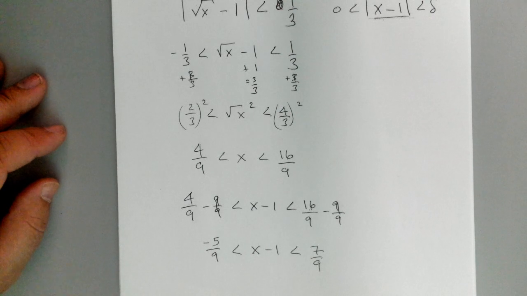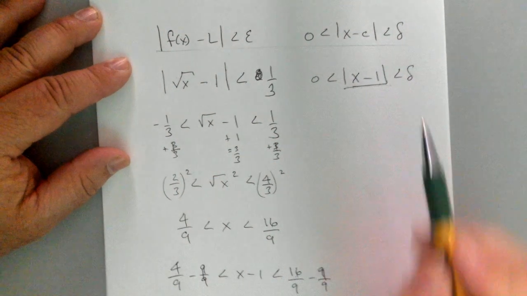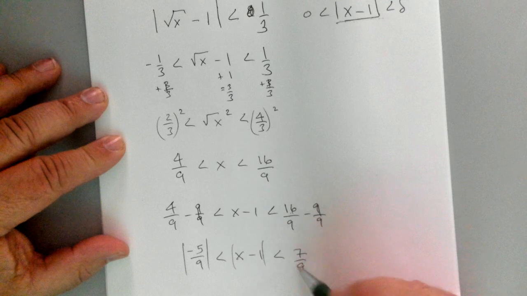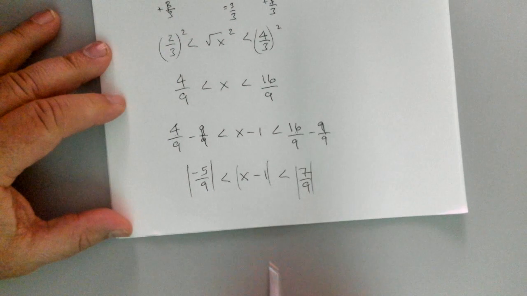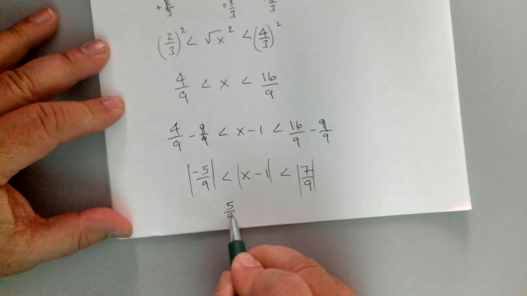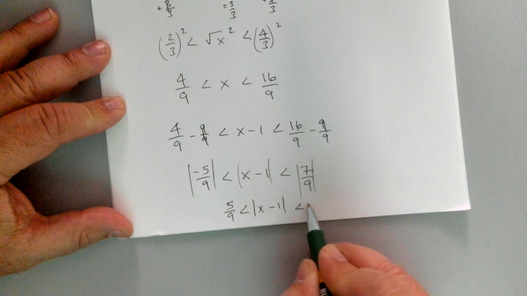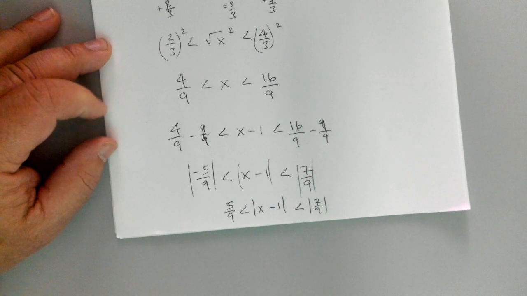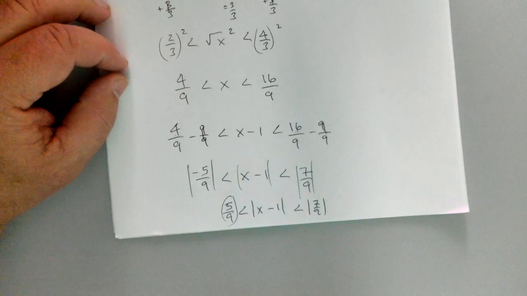Are we done? No, because this one has the absolute values on it. So this is where we get our values from. The smaller of the two.